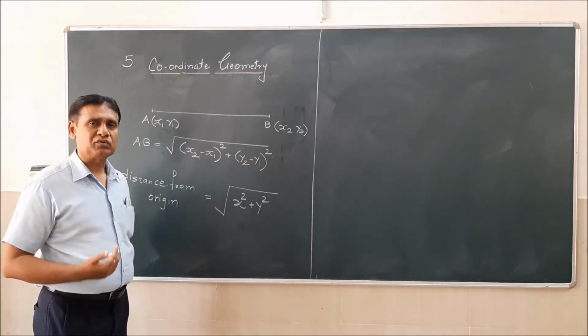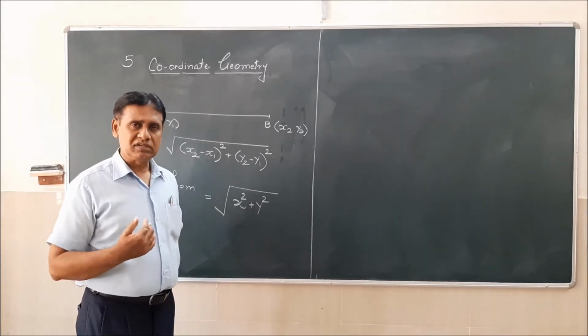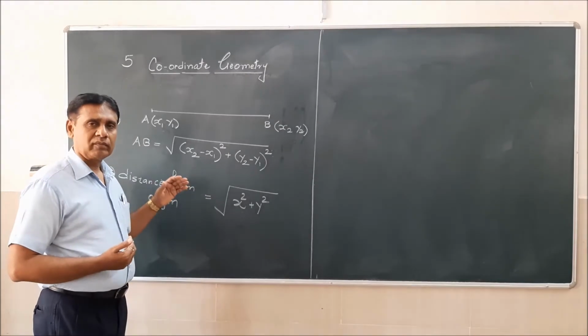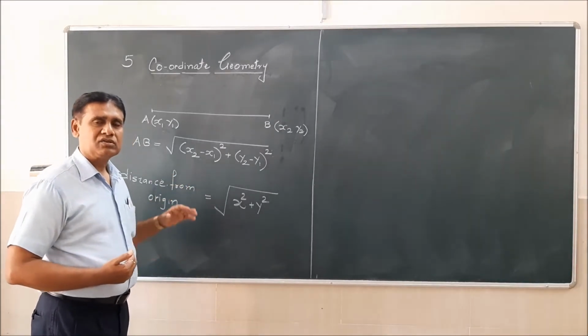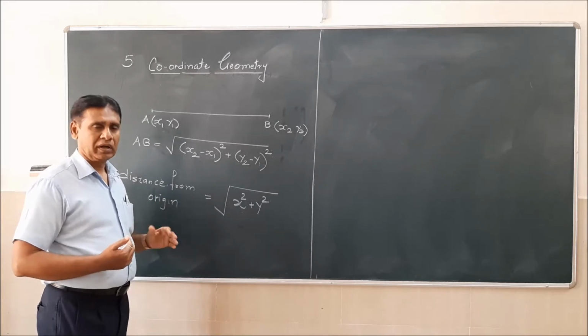In that case you can claim the given points are collinear. So this is how these formulas work. These two formulas are only required to solve exercise 5.1.